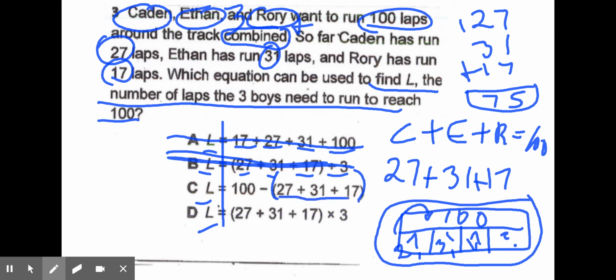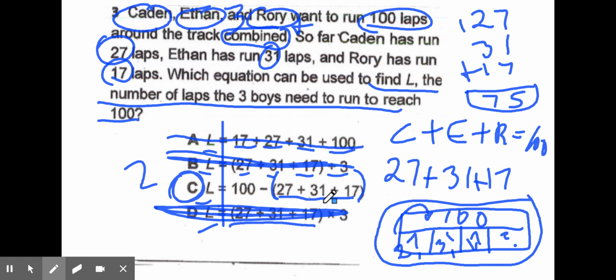So they're saying to add up the boys and then subtract it from 100. Well, that's kind of what I was thinking here with the strip diagram. We add up the boys because there are parts, and we subtract it from the 100 to get the other part. So this one may be correct. D says add up all the boys and multiply by 3. Well, there were no clue words up here that told me I was going to multiply, so I don't think that one's right. So my answer would be C.